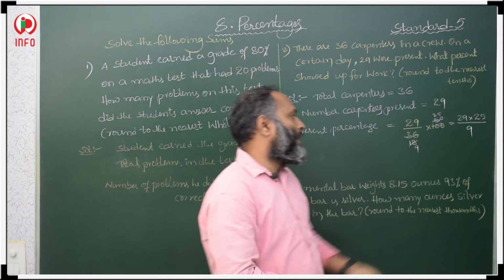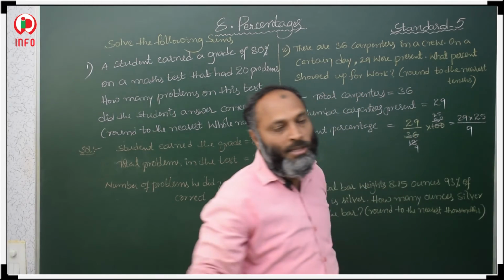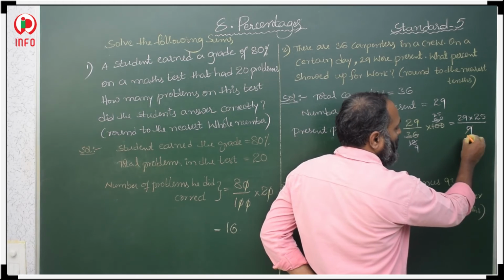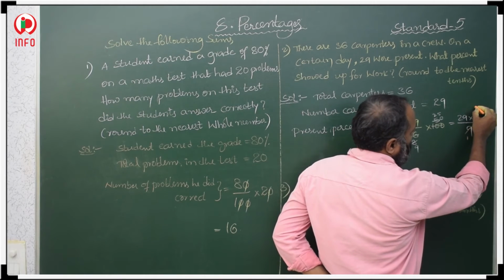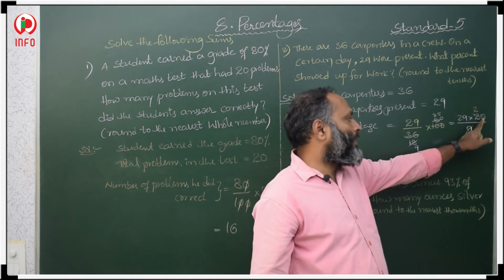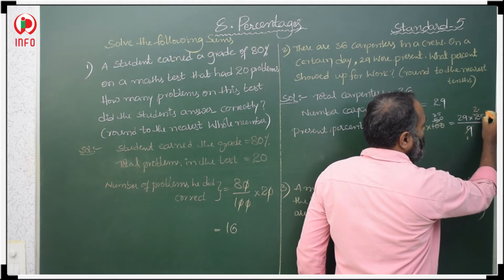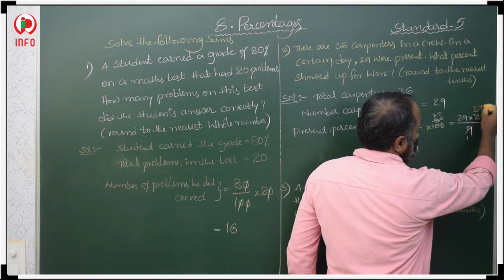Now again we have to cancel with 9. Round off to the nearest tenth, so we divide till hundredths. 9 ones are 9. 9 twos are 18. Here 25 is there, 7 left, that will be 70. 9 sevens are 63.